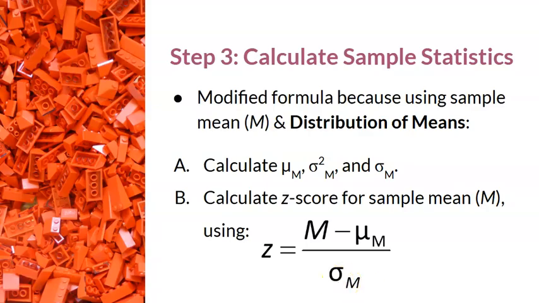Well, now we're not doing a single score X, we're doing a sample mean, and we now need our distribution of means, so instead of mu, it's mu M, and we're going to divide by sigma, but it's really sigma M. So it's a slightly modified formula, but it's very important that you use this formula and not last week's formula when conducting a Z-test.